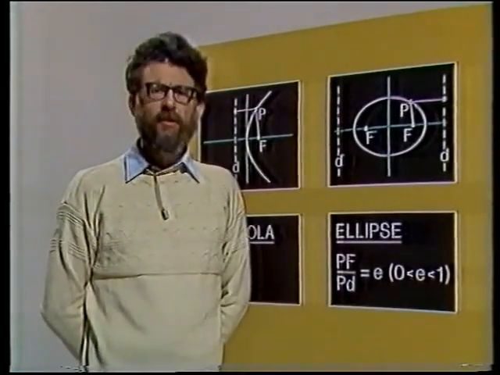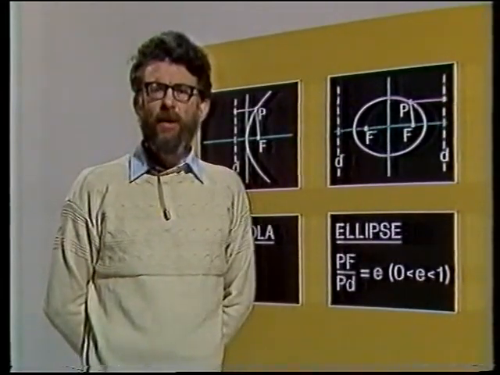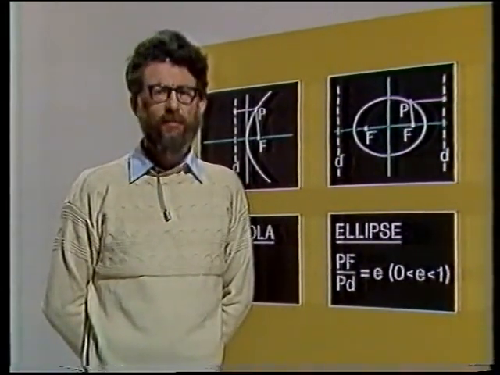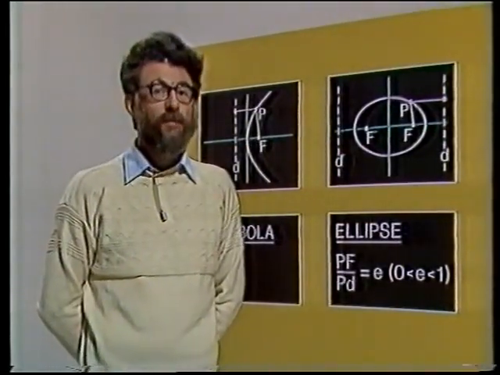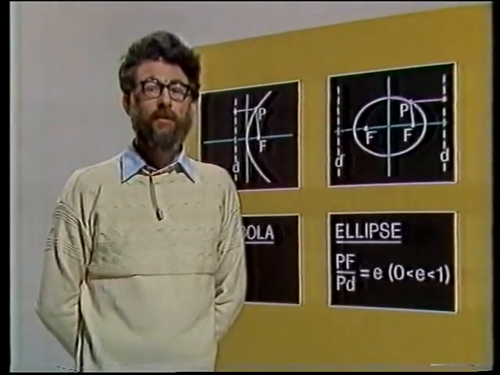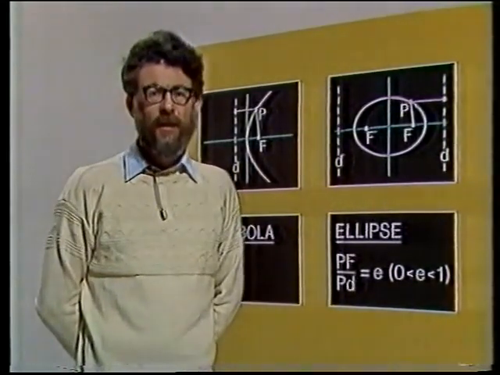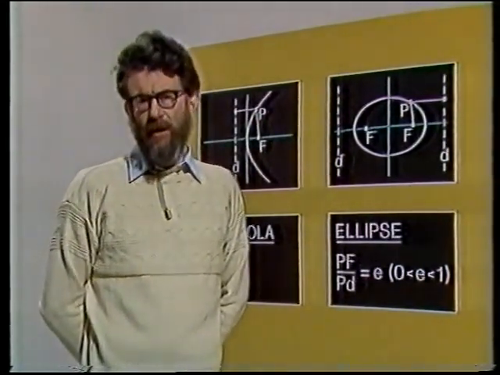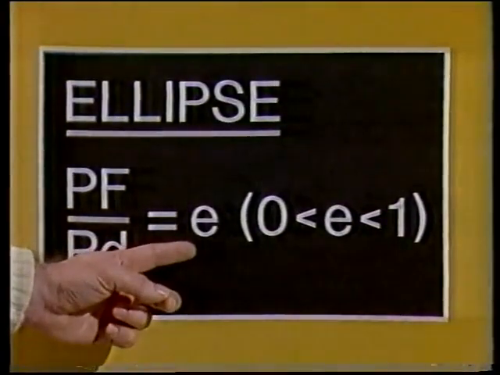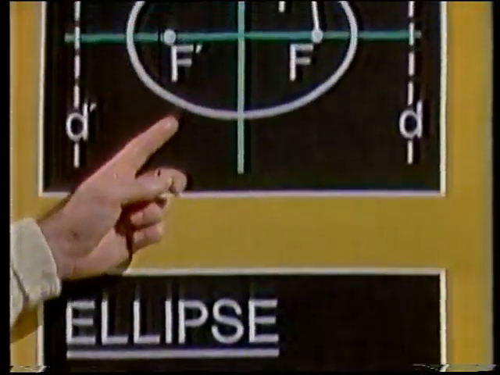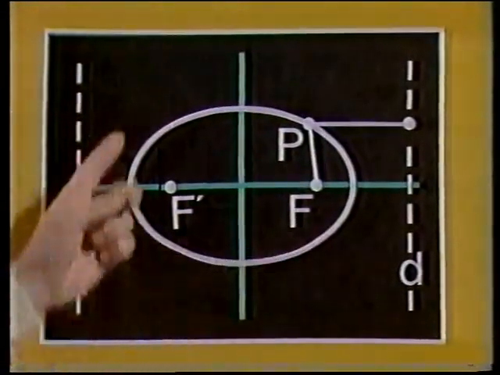Also from this definition, it's easy to visualize how one curve can be transformed from an ellipse to a parabola to a hyperbola. And it also solves a little problem about the family of conics, which you may have noticed. And that is that, as you saw from the earlier animation, when you decrease the eccentricity of an ellipse, you get a curve which is more and more nearly a circle.